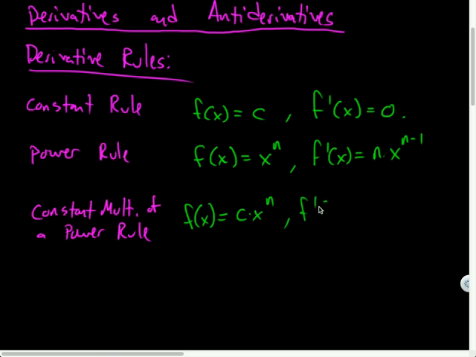Then what would the derivative be? n times c times x to the n minus 1, where you multiply that constant by n still. And technically that agrees with what happened here. The coefficient there was 1, and n times 1. So I just want to point out that that is in agreement technically.